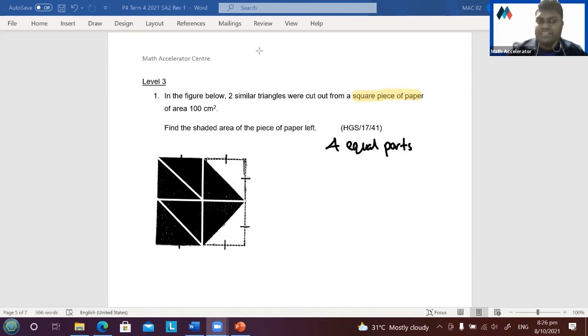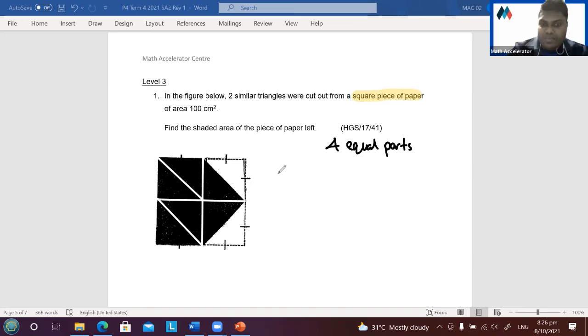Okay, some say 6, some say 8. I'm asking for the total triangles that you see right now. 1, 2, 3, 4, 5, 6, 7, 8. These 8 triangles make up the entire square.